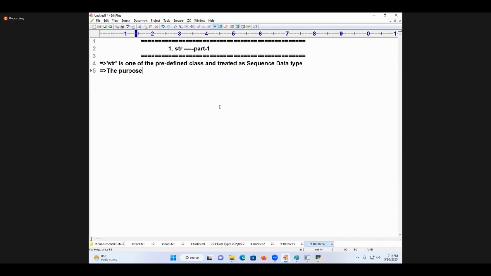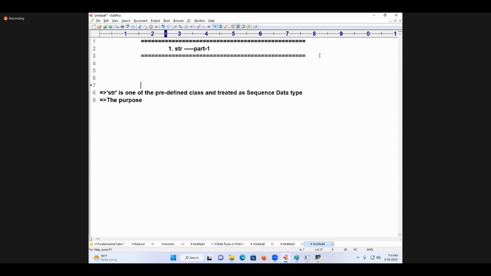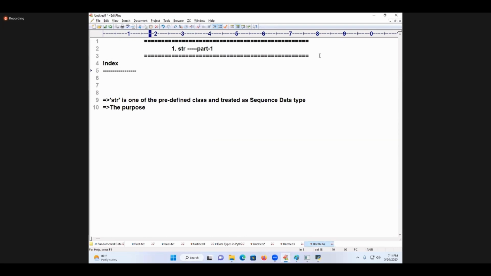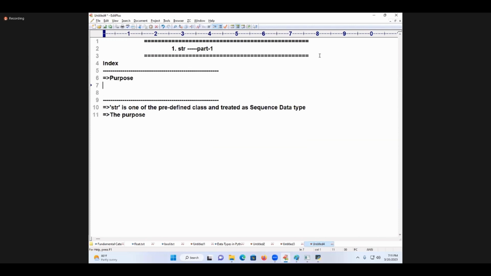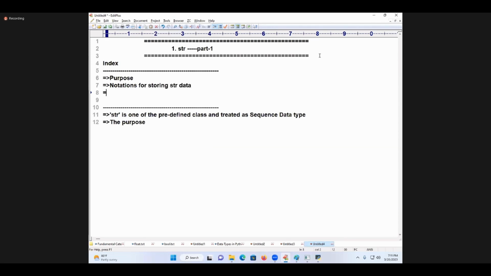Like that, any textual data, go for str. Right? Under that str, I forgot to tell you what I am going to explain. And why that much time is taking for me to explain, so that you will understand. Number one, of course, I'm going to tell you the purpose. Next, I'm going to tell you about notations, notations for storing str data.